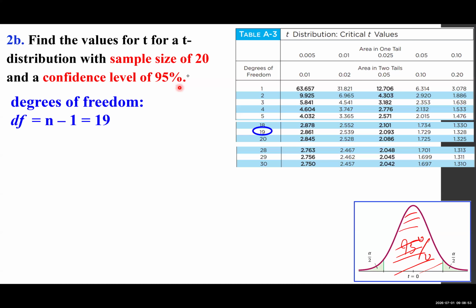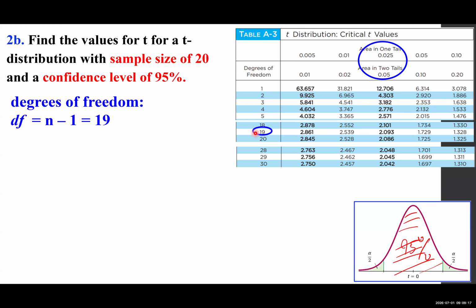But if this is 95% here, that means 5% in two tails, 5% or 0.05 in two tails, or half of it, 0.025 in one tail. So we have this one. So 95% in the middle, the rest of it in the two tails.